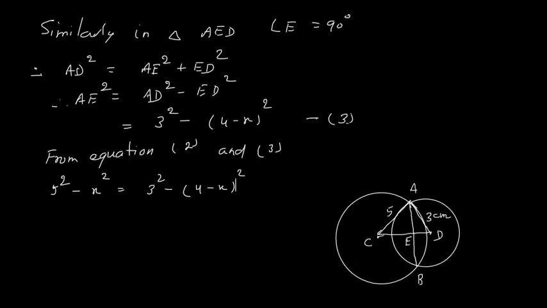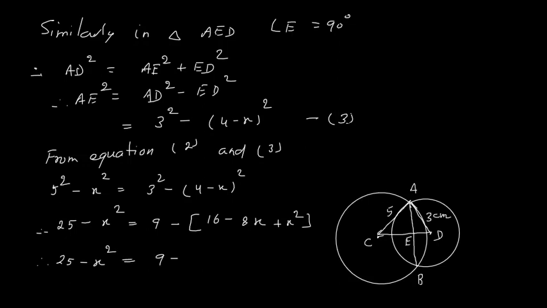Therefore I have 25 minus X square is equal to 9 minus the expansion of (A minus B) the whole square, which is A square, that is 16, minus 2AB, that is 8X, plus X square. So I get 25 minus X square is equal to 9 minus 16 plus 8X minus X square.